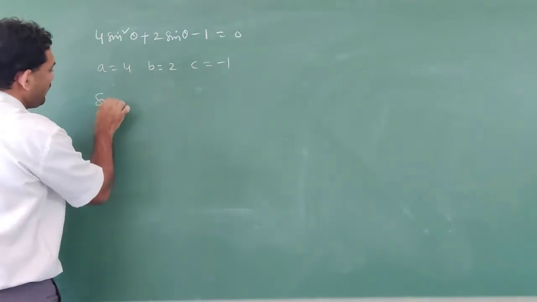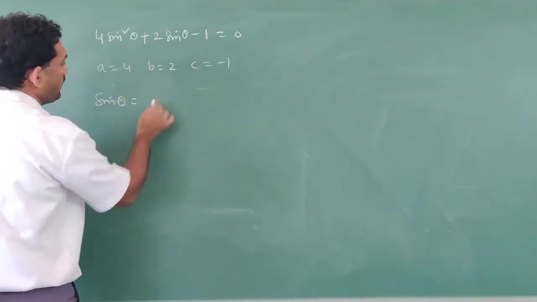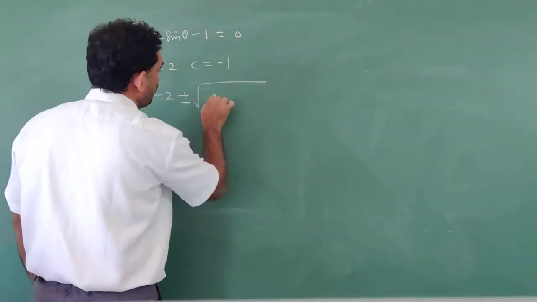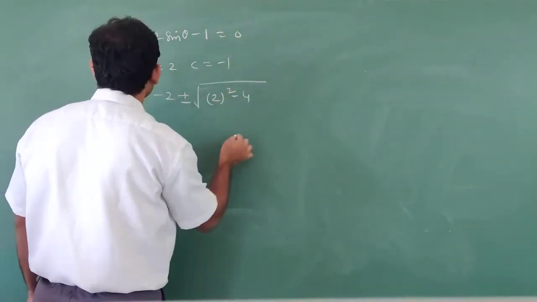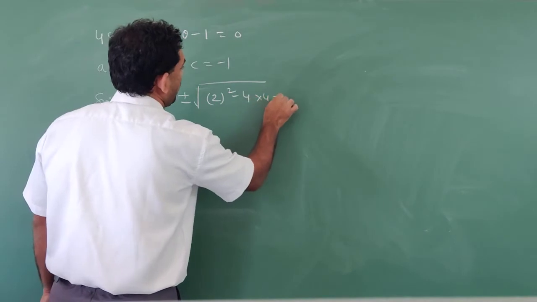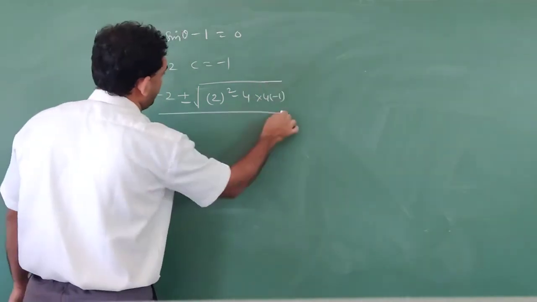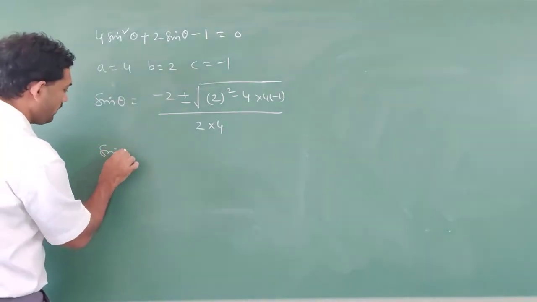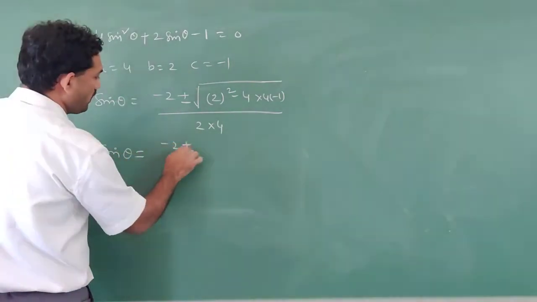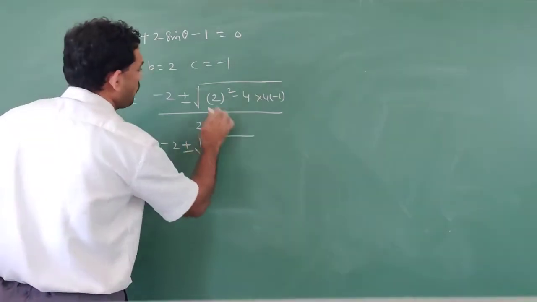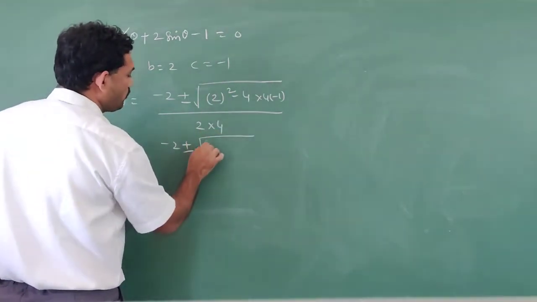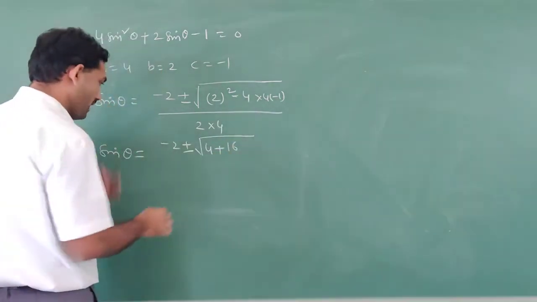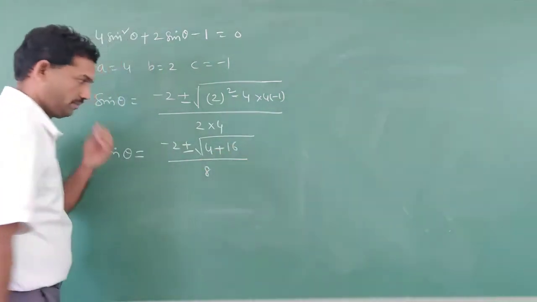You apply: sin theta is equal to minus 2 plus or minus square root of 2 square minus 4 into 4 into minus 1, divided by 2 into 4. So again sin theta is equal to minus 2 plus or minus square root of 4 plus 16, divided by 8.